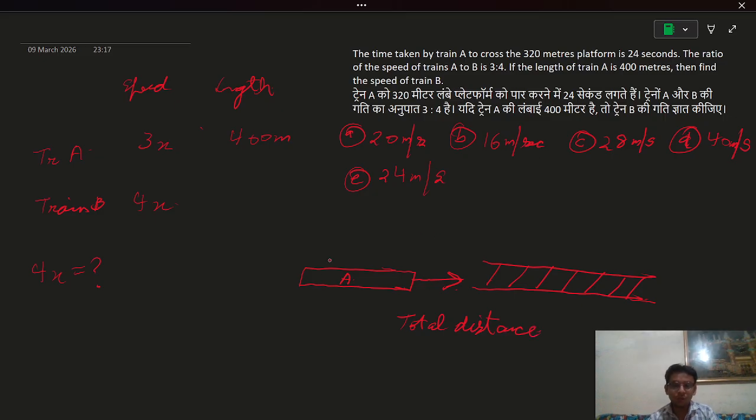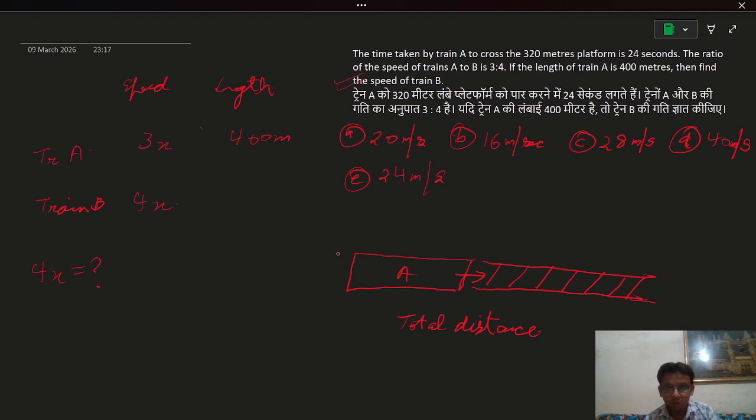There is also one assumption in this question. At the time when this question is framed, the train is just about to enter onto the platform. This is the assumption that is hidden in this particular question.